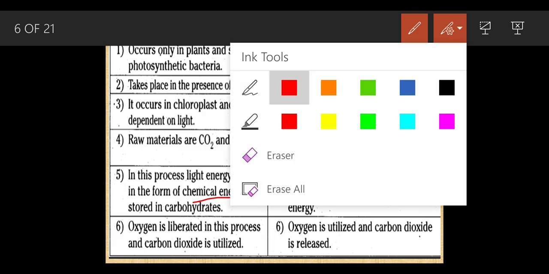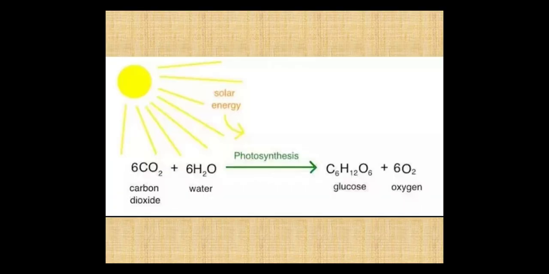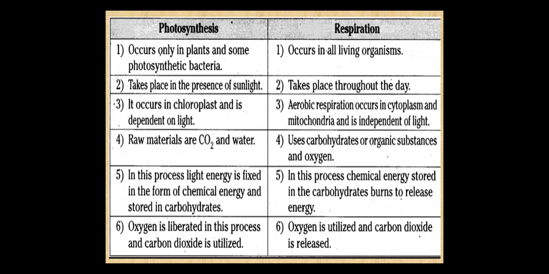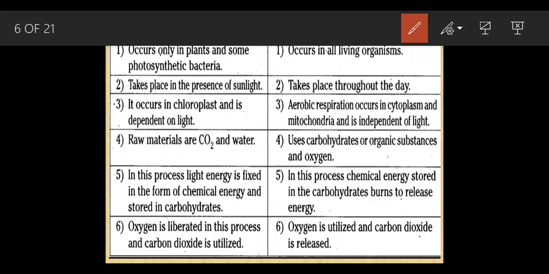What is chemical energy? Chemical energy helps to make up this food. This glucose is getting formed, and it has been stored in the form of carbohydrates.